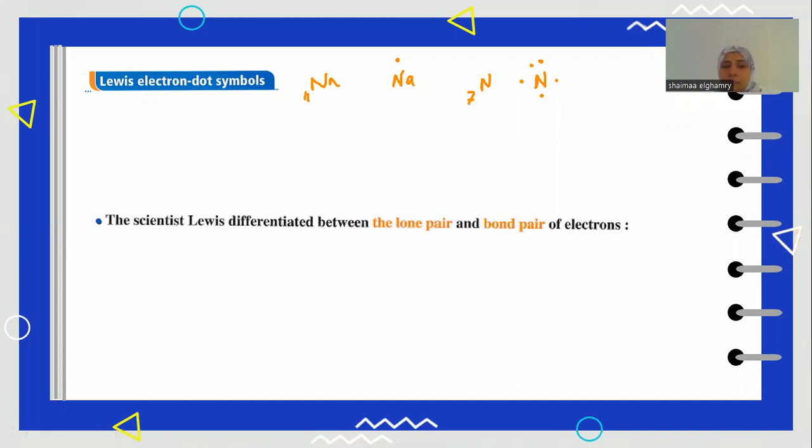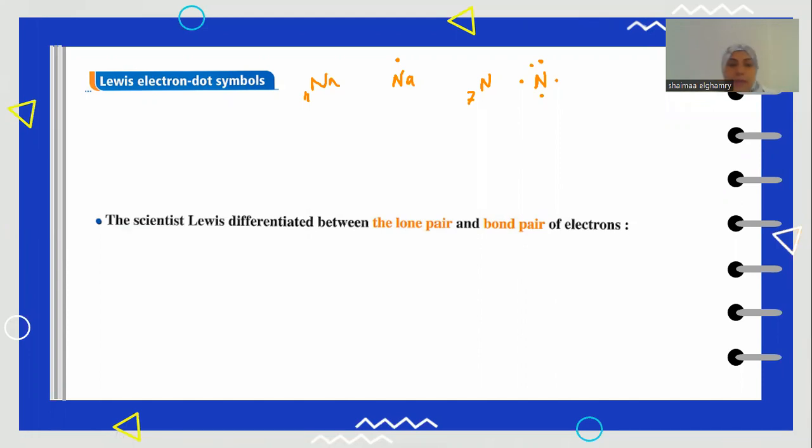Scientist Lewis differentiated between lone pair and bond pair electrons. So we are going to talk about the Lewis structure in the molecule of a compound.